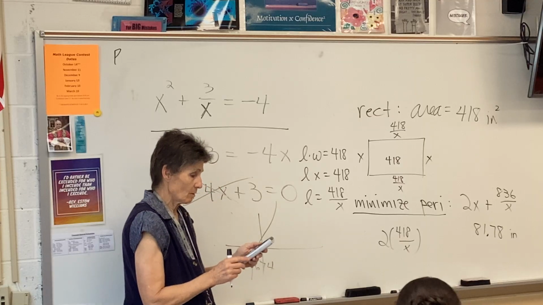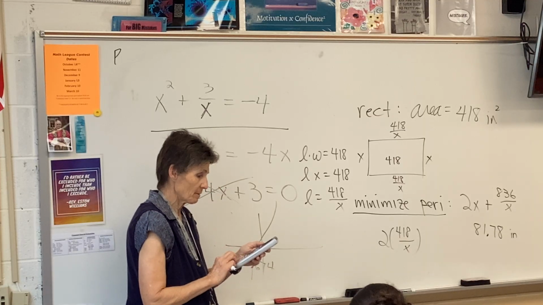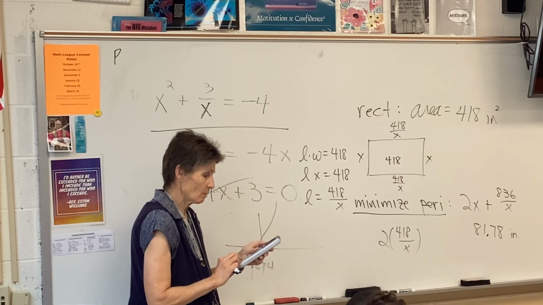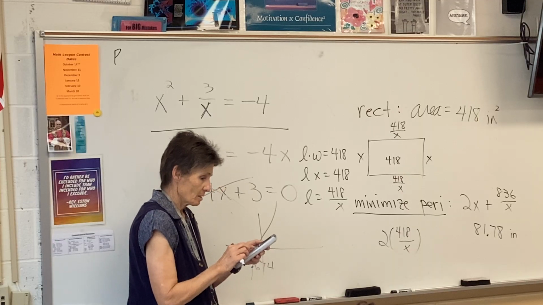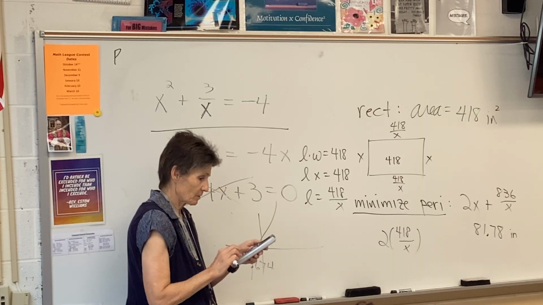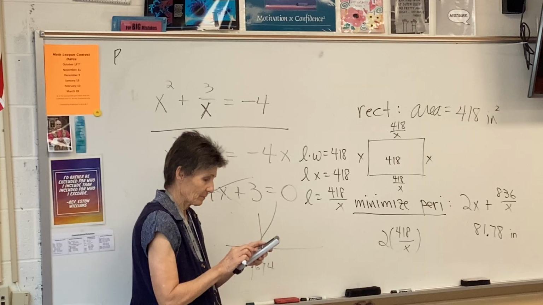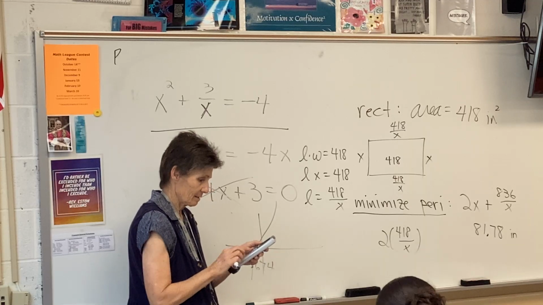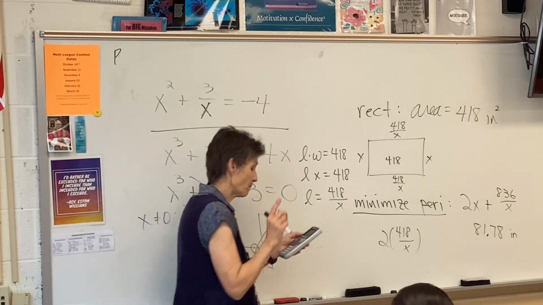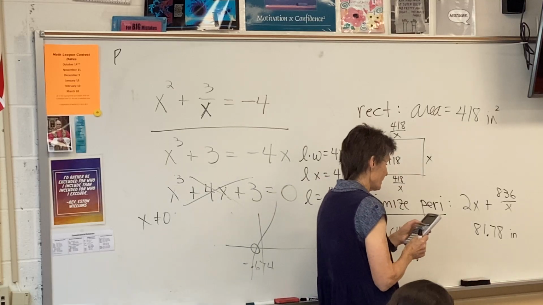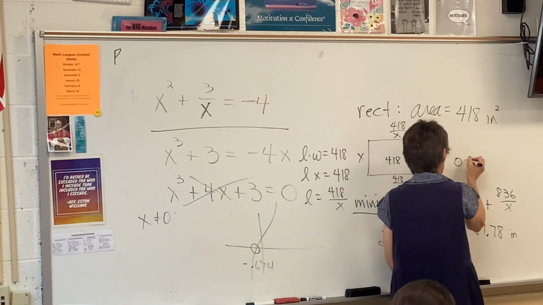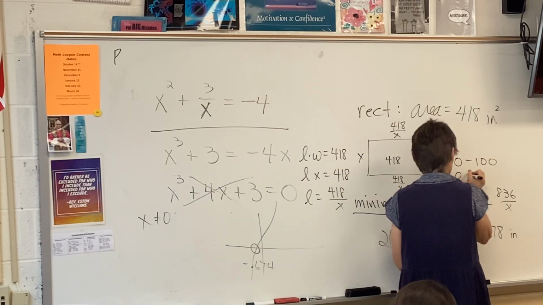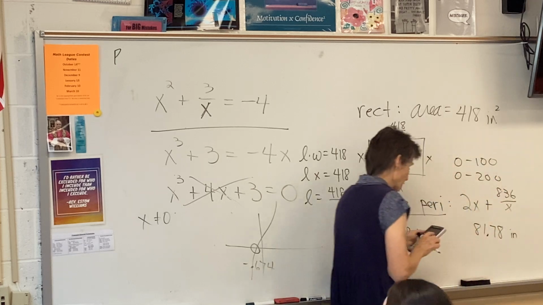What do you do for your window? For my window, I used the best window I had before: 0 to 100 on the x's and 0 to 200 on the y's.